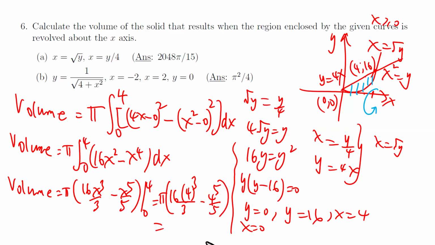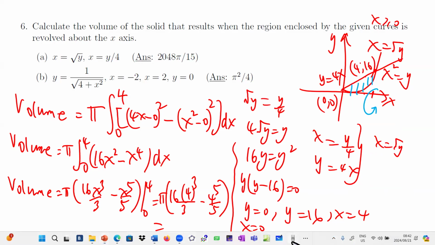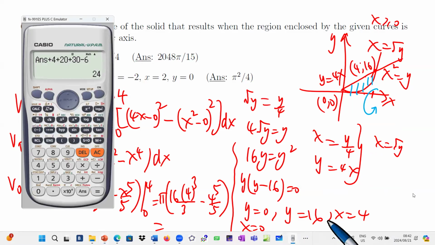Okay, you can deal with this. Let us use a calculator to save ourselves a bit of time. Okay, we might take a break very soon, and then we shall return. So let's just deal with the numbers.